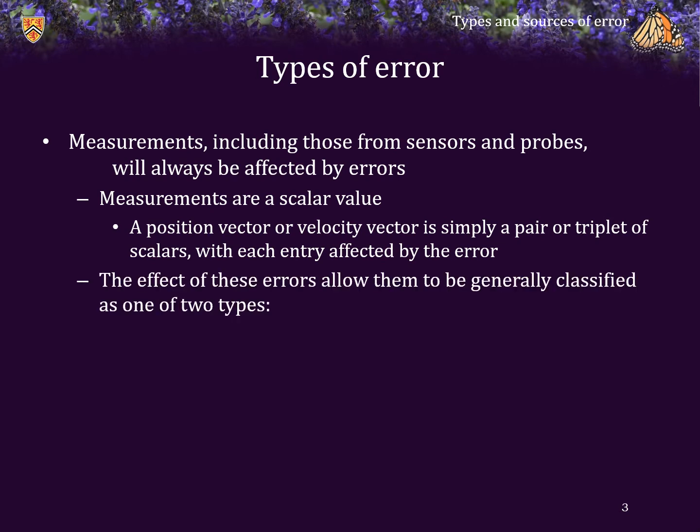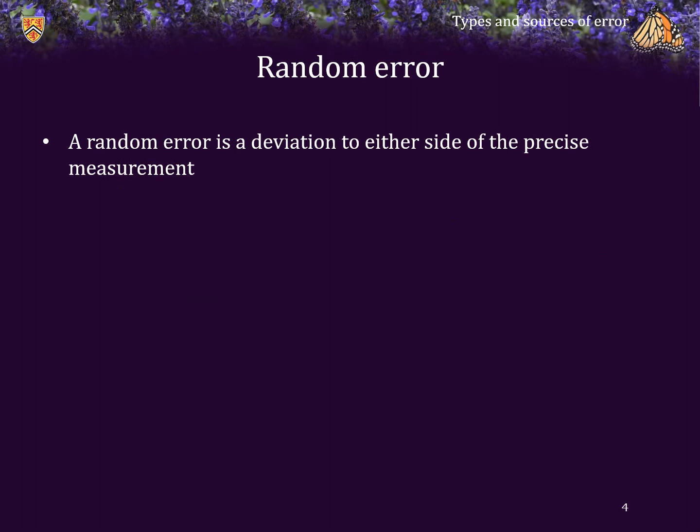Now, the effect of these errors generally allow them to be classified as one of two specific types. An error can either be a random error or it can be systematic. A random error is a deviation to either side of the precise measurement.